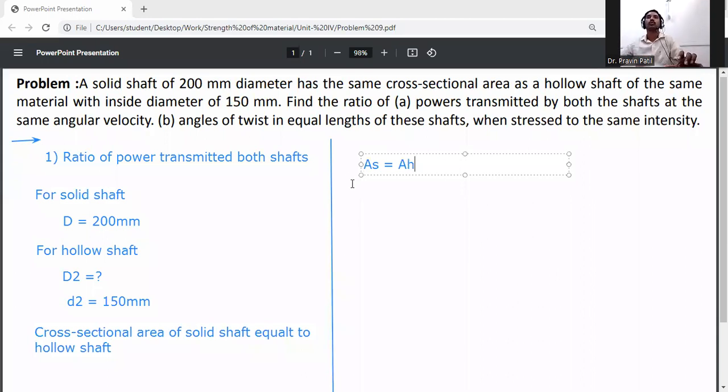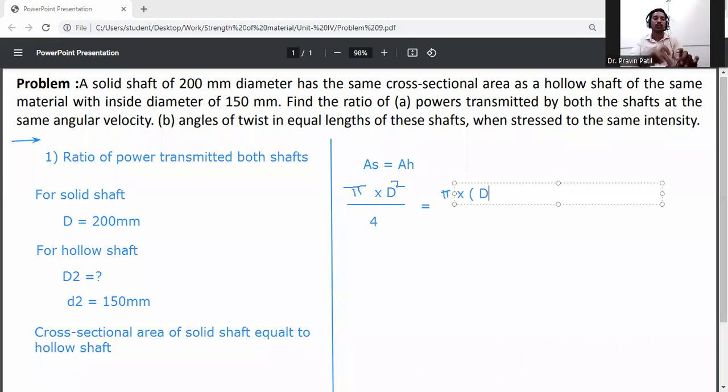The area of solid shaft is pi into capital D square divided by 4, is equal to the area of hollow shaft, pi into, in bracket, D2 square minus small d2 square, divided by 4.